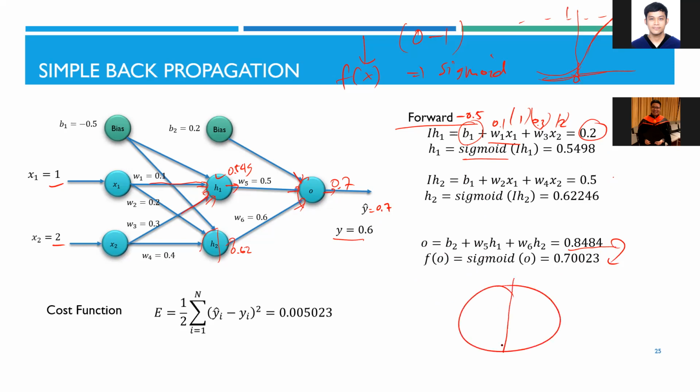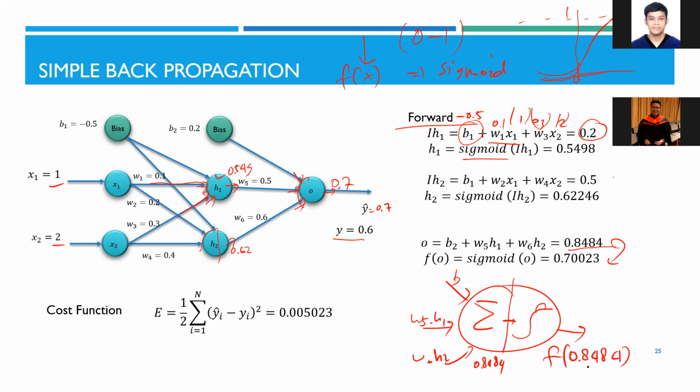This one is the sigma of the input. From here, this is the bias, this is weight W6 with H1, and H2. So the total here is 0.8484, but then we use the sigmoid function.